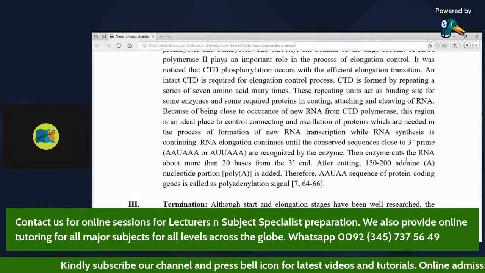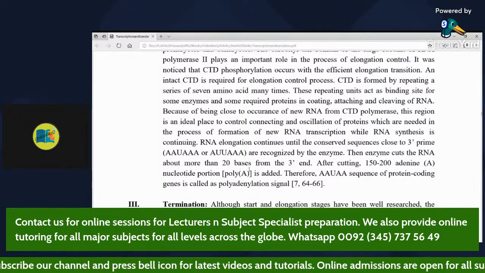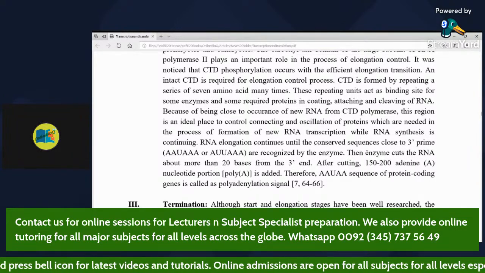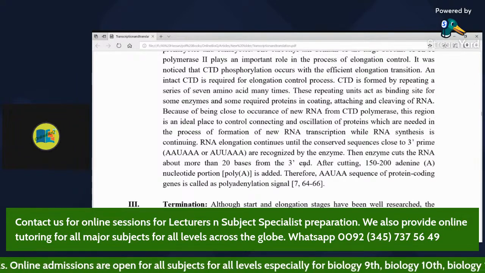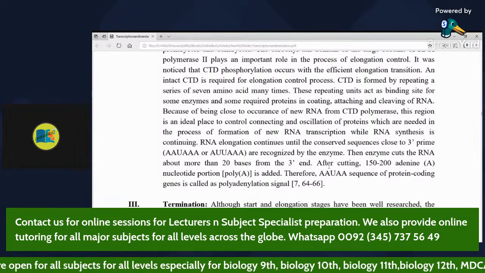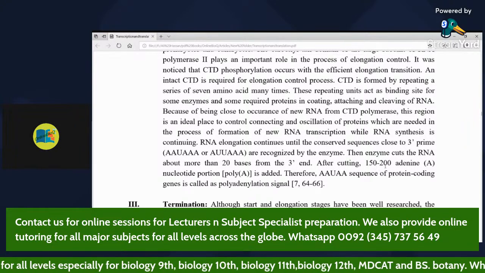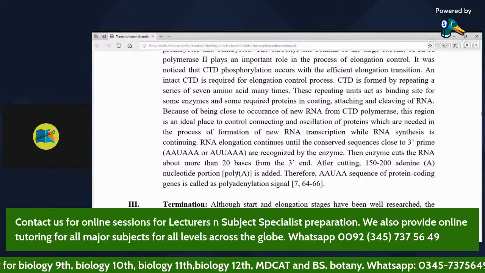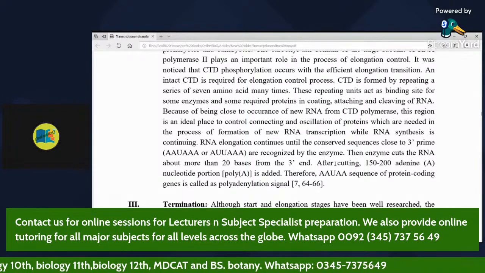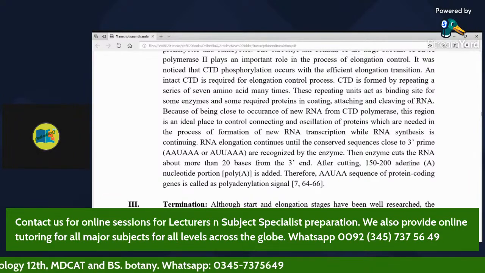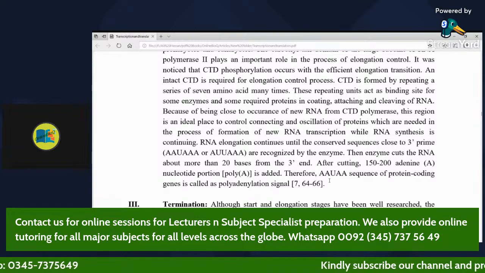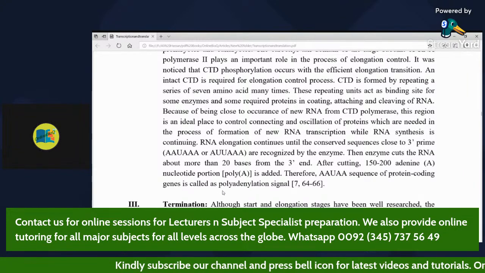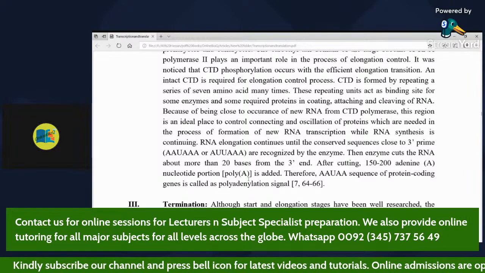Then the enzyme cuts the RNA about 20 bases from the 3' end. After cutting, a poly-A tail of 150 to 200 adenine nucleotides is added. Therefore, the AAUAA sequence of protein coding genes is called the polyadenylation signal.